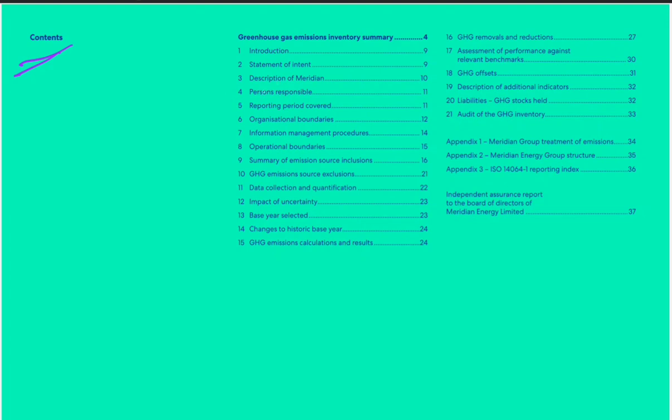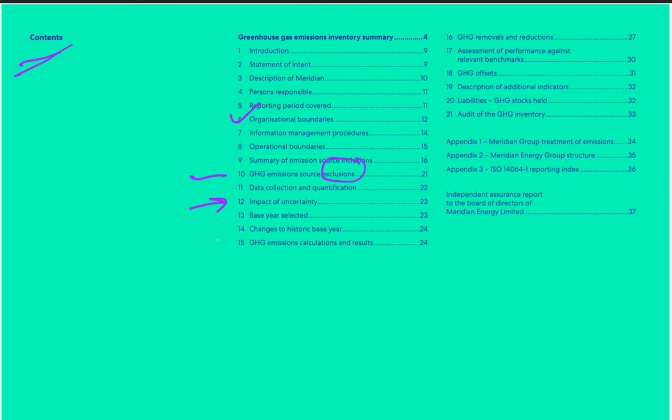Description of the Meridian, about the company, person responsible, reporting period, the data covered from so and so period to so and so period. Organizational boundaries, information management procedure, operational boundaries, summary of source emissions, GHG emission sources, exclusions also specifically, data collection and quantification, and uncertainty impact also we will be discussing.